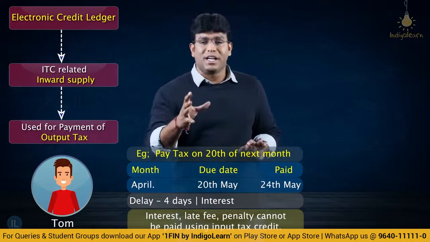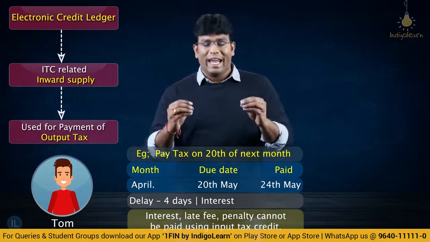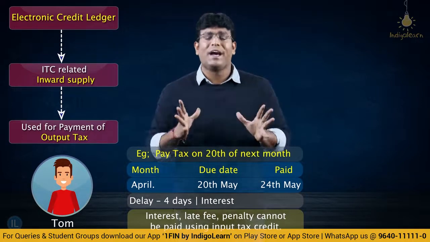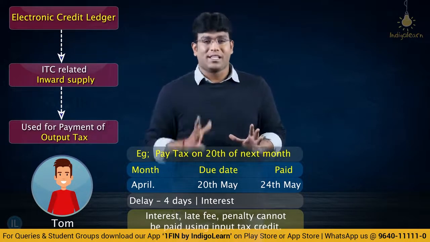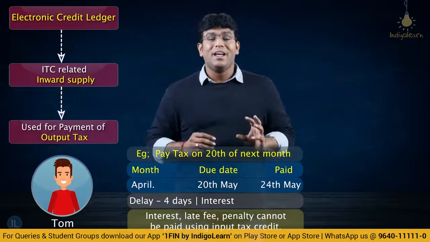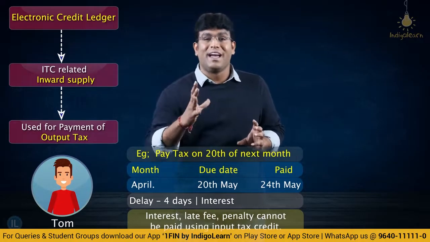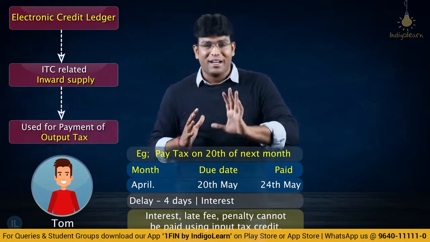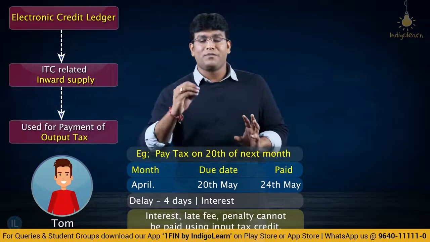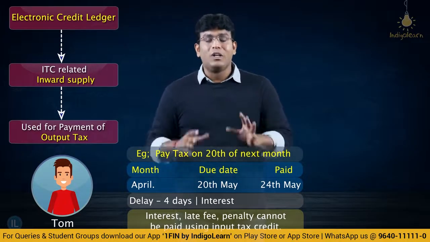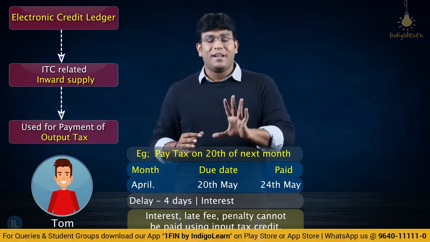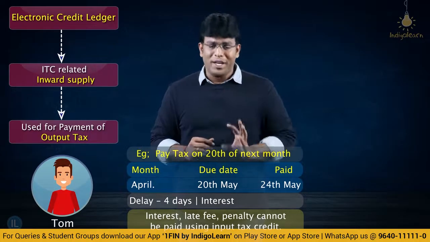If you have to pay any interest, penalties or any other payment whatsoever other than output tax, we cannot pay that using the electronic credit ledger. Are we understanding, my dear friends? So if you have to pay any output tax, only that can be paid using the credit ledger, right?